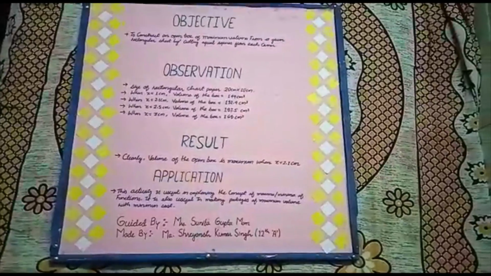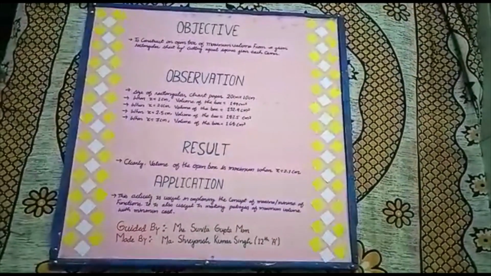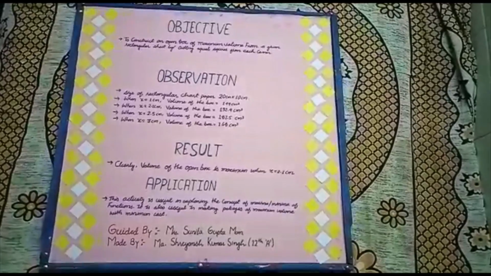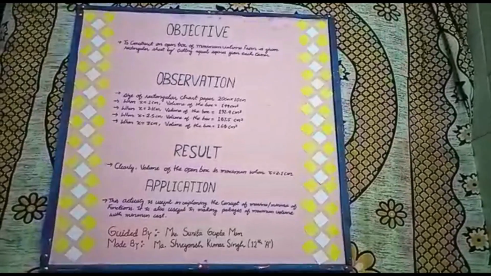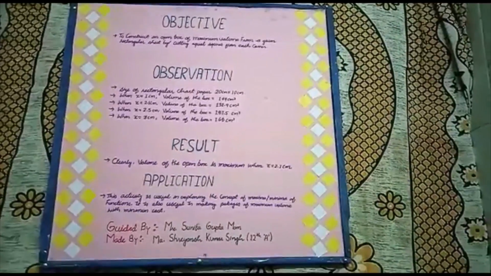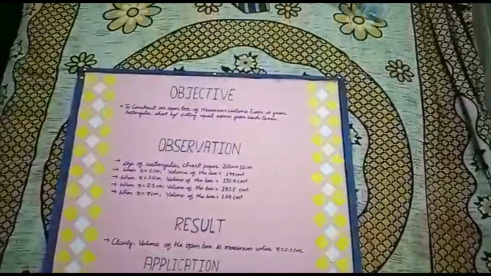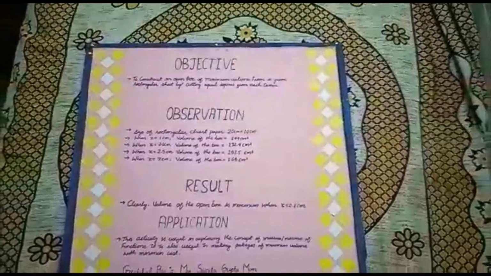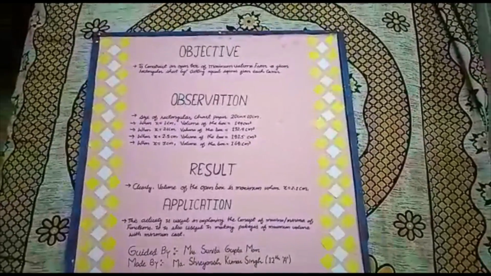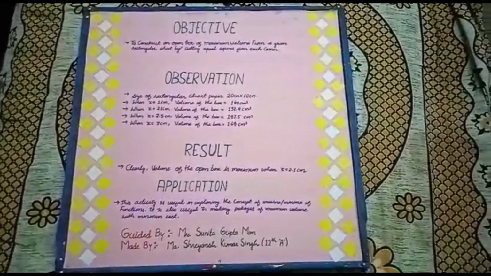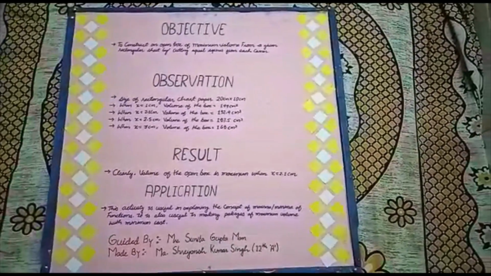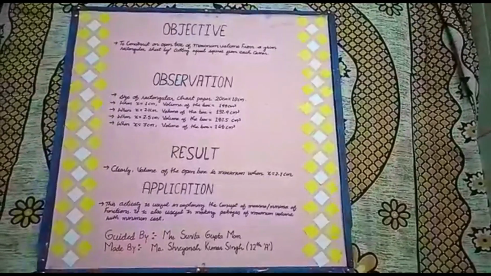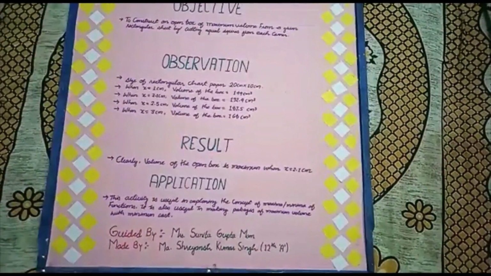Here I have to form a box with open above side, and I repeated this experiment with different values of square length and found the value of x such that the volume of the box is maximum. This experiment can be used for explaining the concept of maxima and minima, and it is also useful in making packages of maximum and minimum volumes. I hope you like it, and thank you.